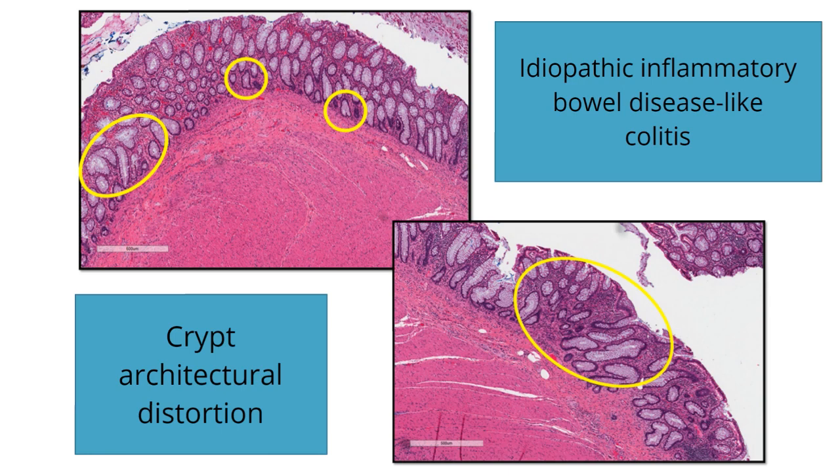In this pattern of injury, features of chronicity that we normally observe in long-standing idiopathic inflammatory bowel disease, such as crypt architectural distortion, highlighted by the 3 yellow circles, are visible. In addition, we can even see crypt liftoff and expansion of the lamina propria.